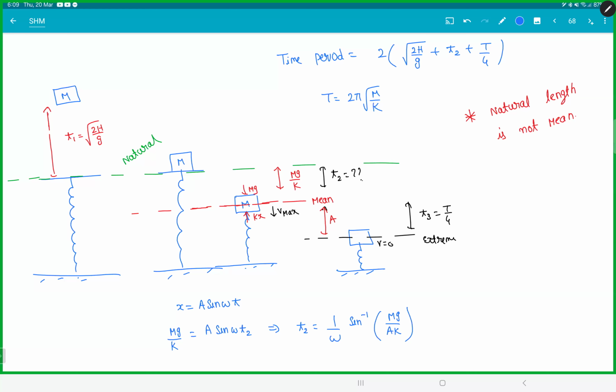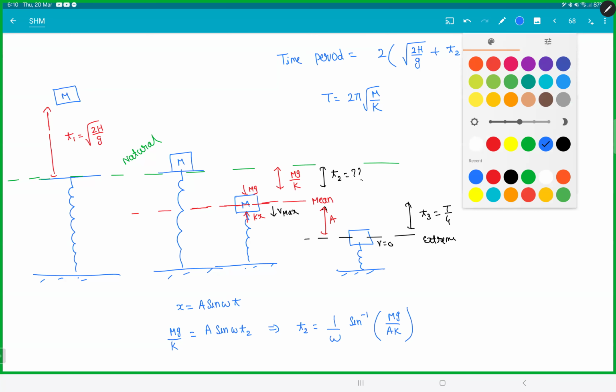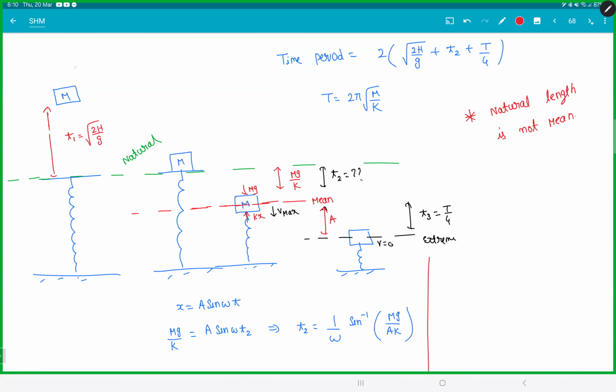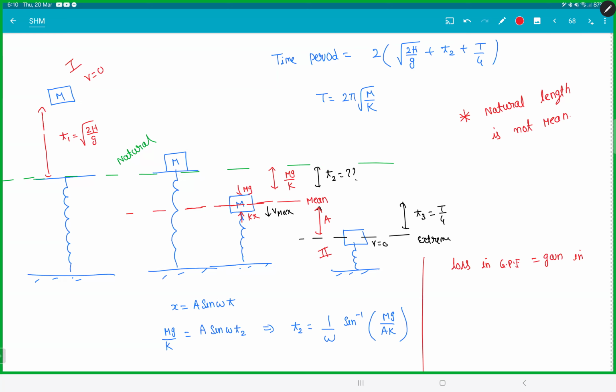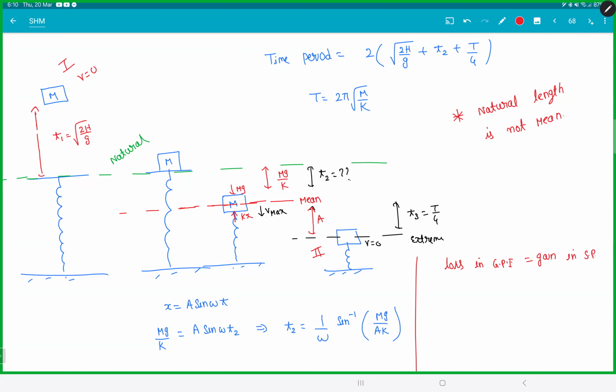See, the second part comes from conservation of energy. This is my state 1. This is my state 2. So can I say like this? Loss in gravitational potential energy, because here also you're at rest, is equal to gain in spring energy. So all the height you lost went into the spring. How much height did you lose?